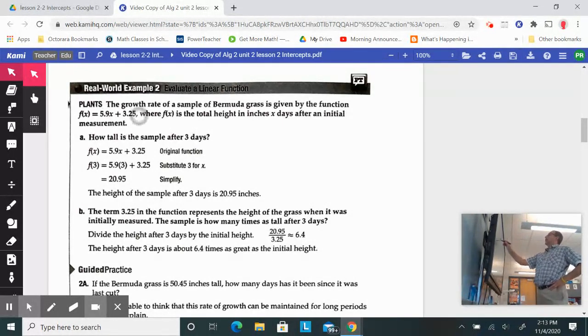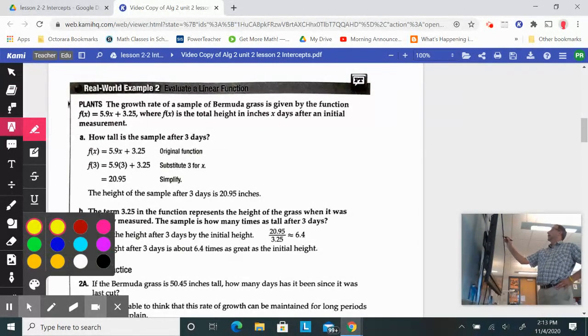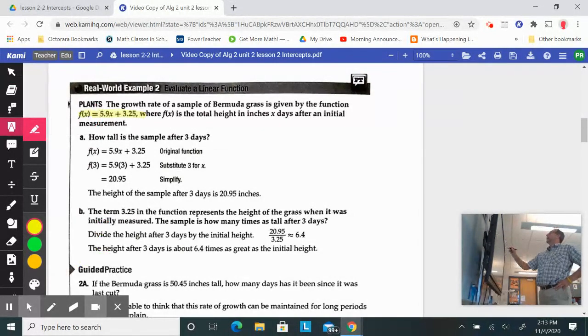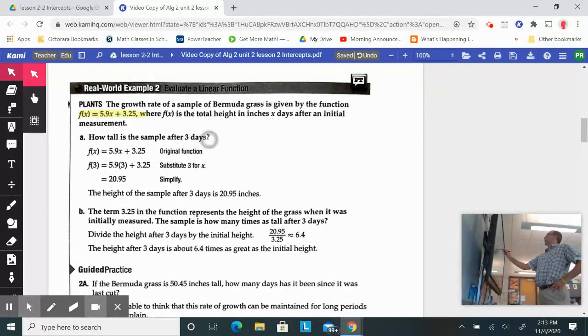And here's the function. And notice that function definitely is linear. It's in that mx plus b form. And all you need to do is then apply. They want to know, what does it say here? How tall is the sample after 3 days?